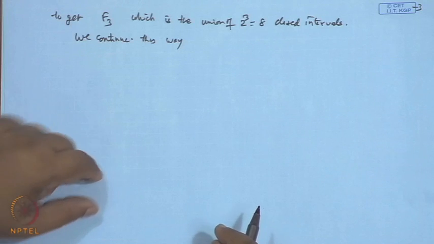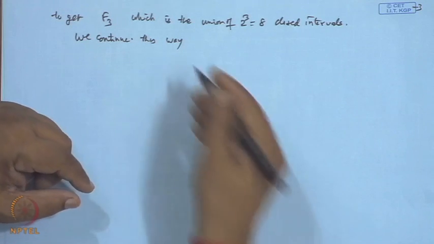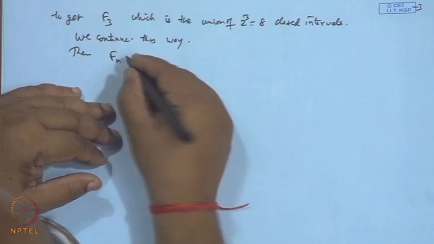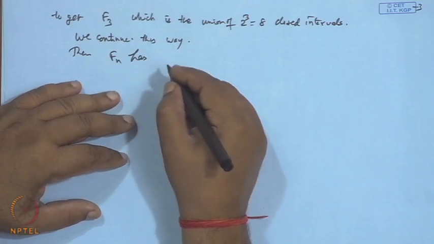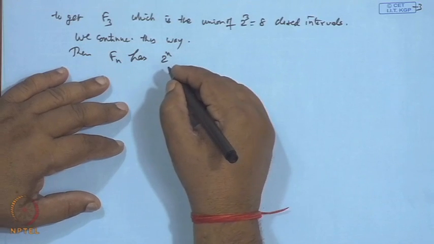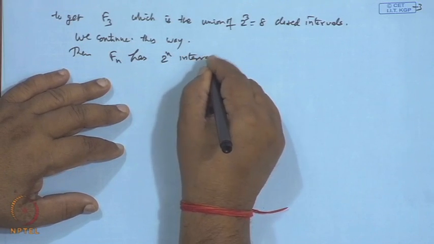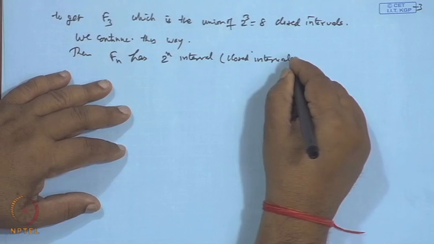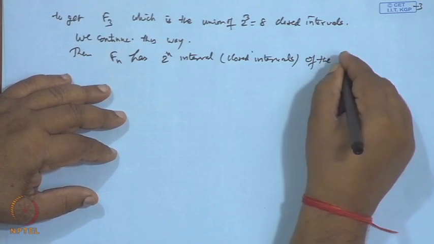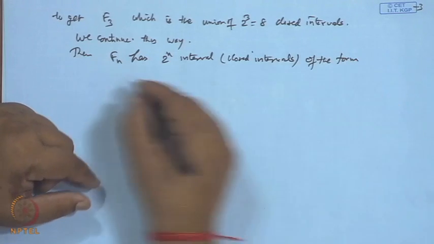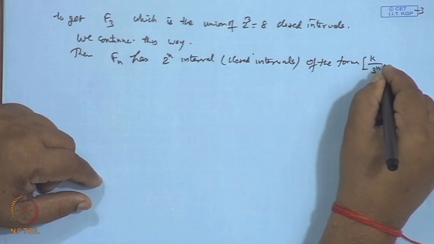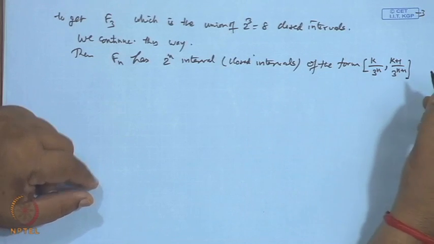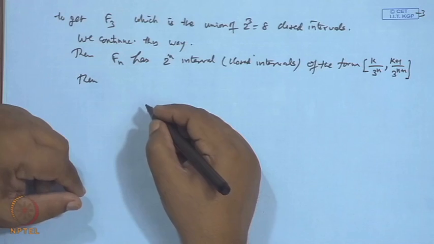So, what we get? In the nth step, F n, at the nth step, has been constructed, has 2 to the power n closed intervals of the form k over 3 to the power n, k plus 1 over 3 to the power n, like this.